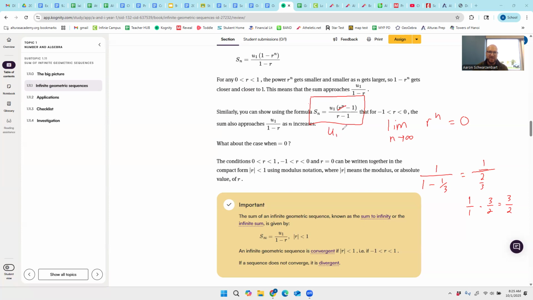I like it being in the way of 1 minus r to the n, because then you get 1 minus 0. And so that's the formula you get, as long as the absolute value of r is less than 1. Has to be less than, not equal to. If it is not, it is divergent. There is no infinite sum.